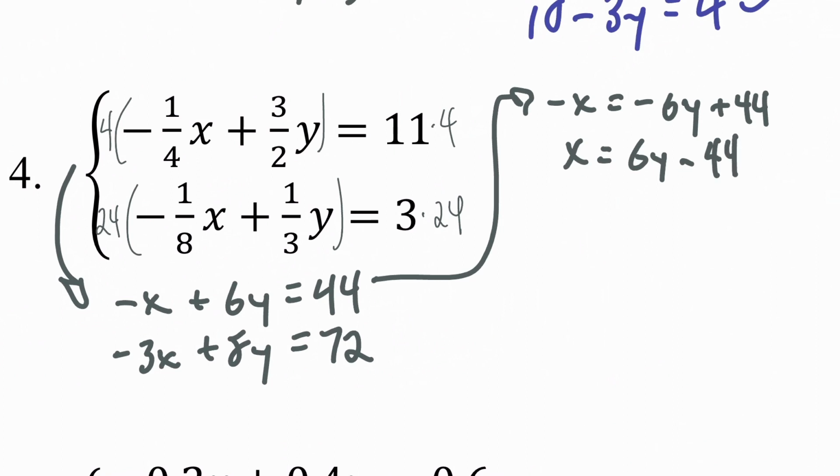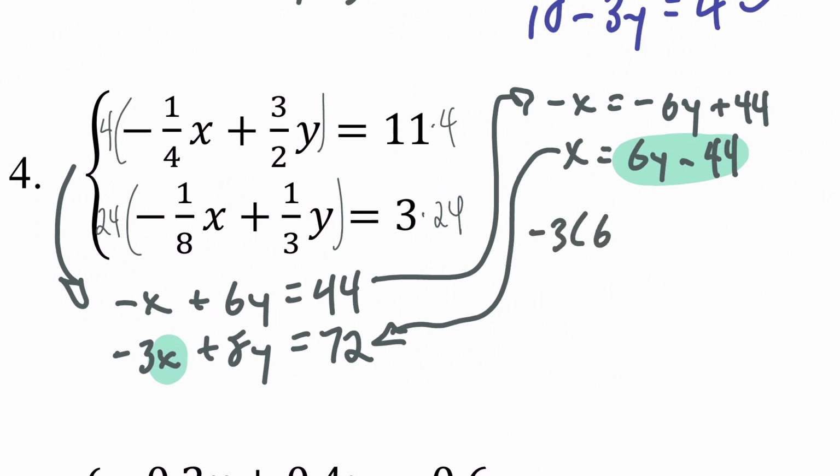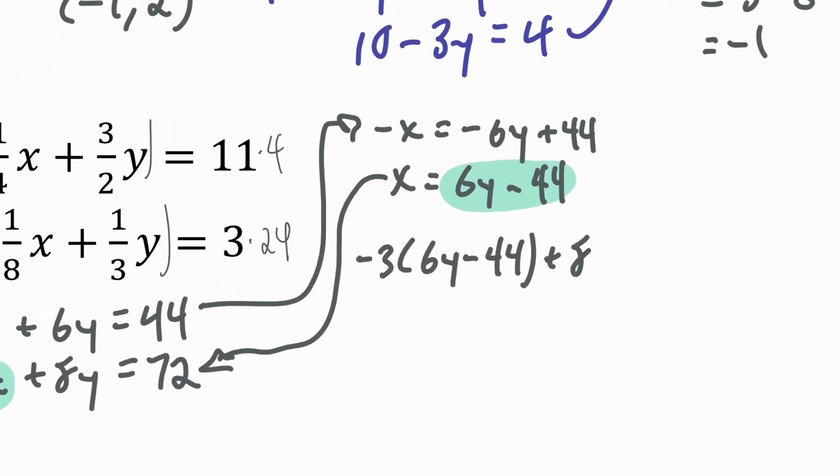And then I will substitute that into this equation, but I'll write it on the next line. I'm substituting in for this x right here, which will become 6y minus 44. So negative 3 times 6y minus 44, plus 8y equals 72.